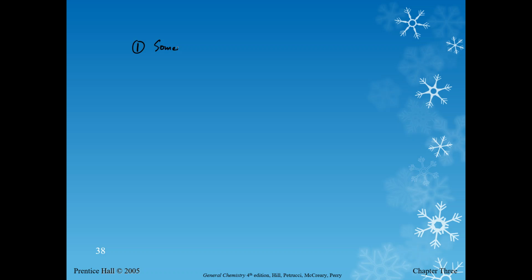In fact, most reactions are reversible. Some reactions are reversible, all right? So this is my reason number one why the actual yield is less than the theoretical yield.